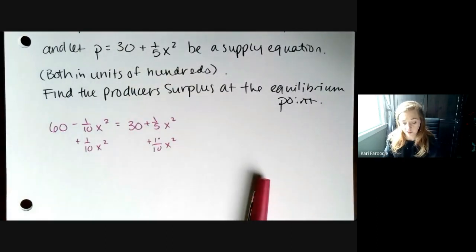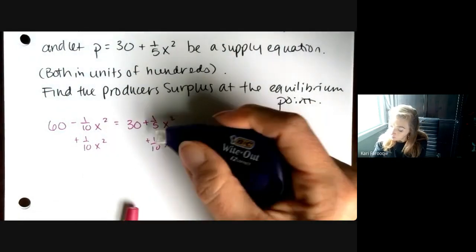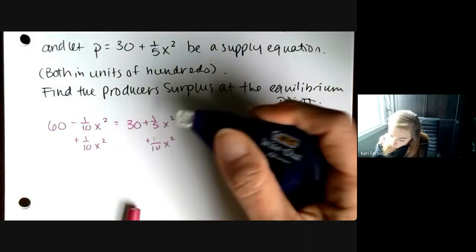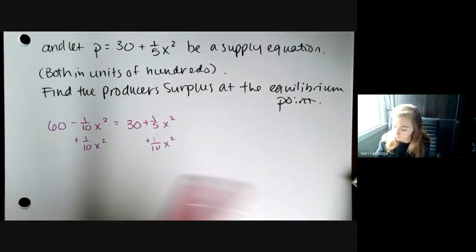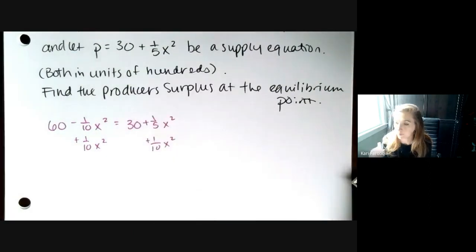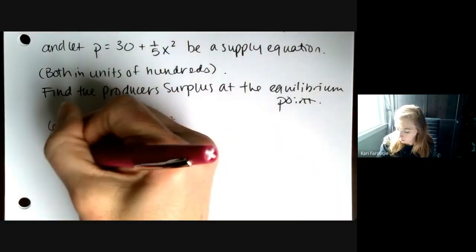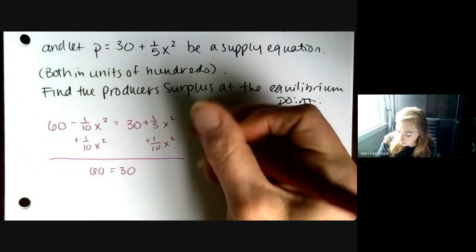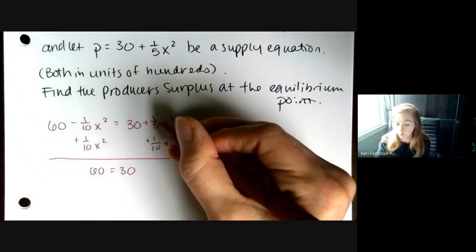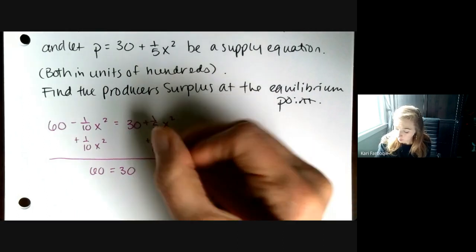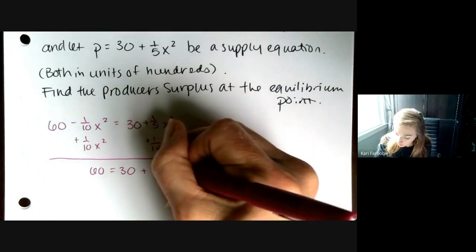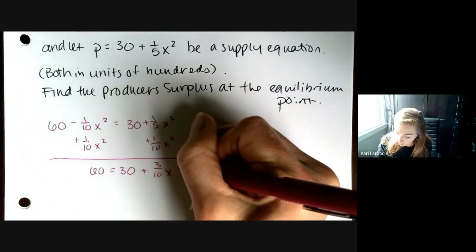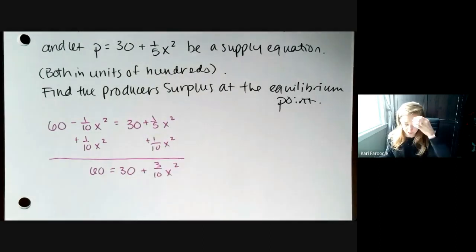I don't know why this dot is here. Use the whiteout that's at my disposal to remove it. And what this leaves me with is 60 equals 30. And then 1/5 is 2/10 plus 1/10 is 3/10 x squared. So we have that.